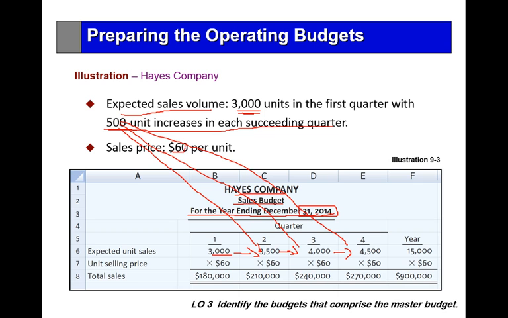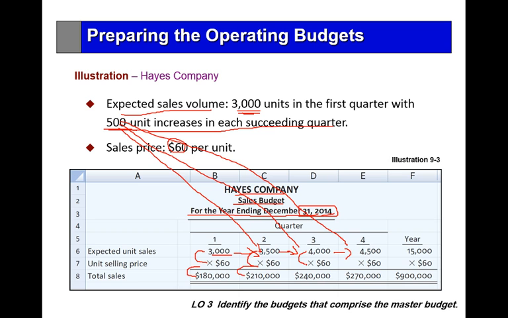And we anticipate that the selling price per unit is $60, so the unit selling price is multiplied by 60 in each quarter. Then we have 3,000 units multiplied by $60 per unit, which gives $180,000. 3,500 units multiplied by $60 per unit gives $210,000.